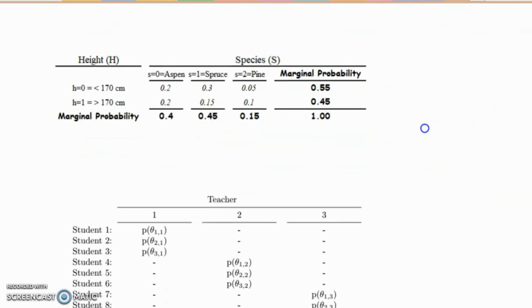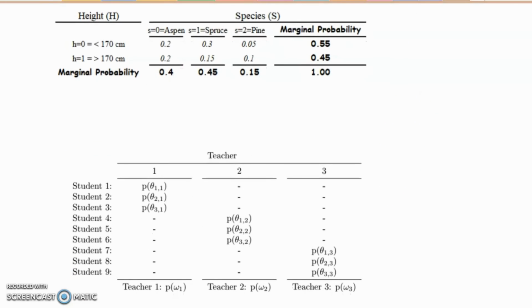And then just as a relatively small final point, let's think about joint distributions. Earlier we saw species and height class, and in the body are joint distributions.